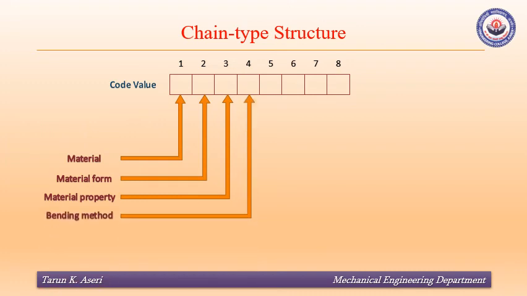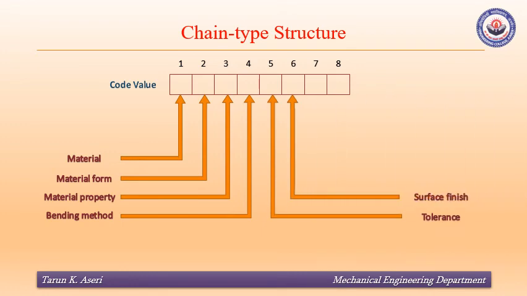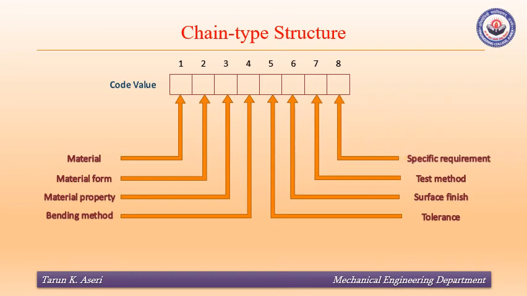Fourth digit, bending method. Fifth digit, required tolerance. Sixth digit, level of surface finish. Seventh digit, required testing method. And eighth digit, any other specific requirement like heat treatment or color and so on. So this is the chain type structure coding system.